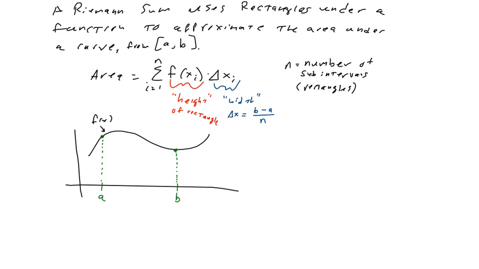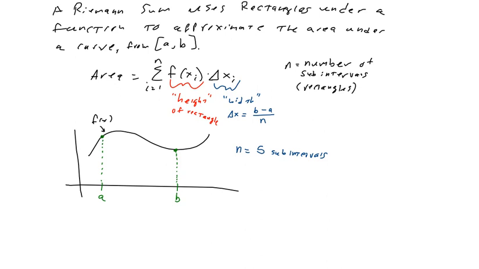If n equals, let's say I want 5 subintervals, then I'm going to slice this into 5 pieces.